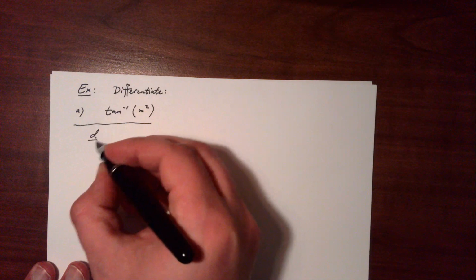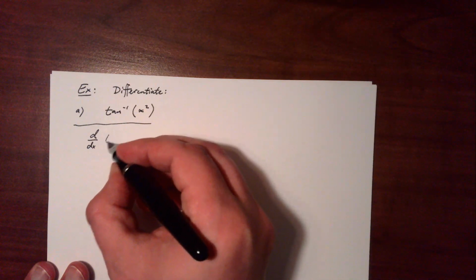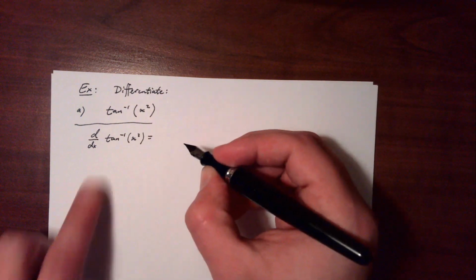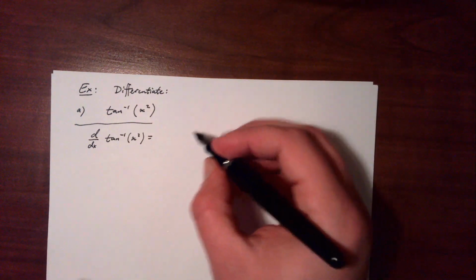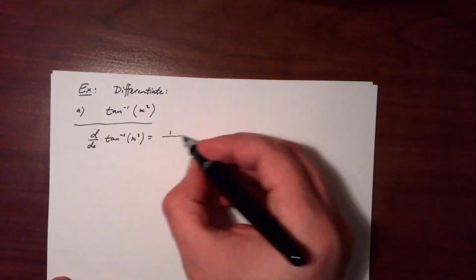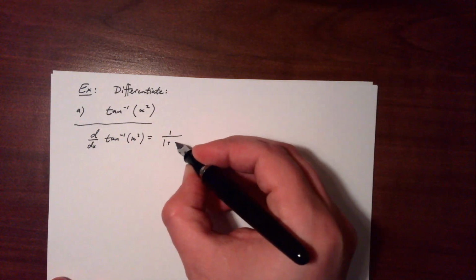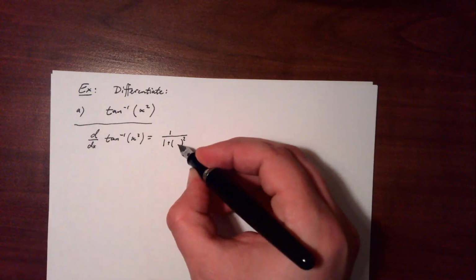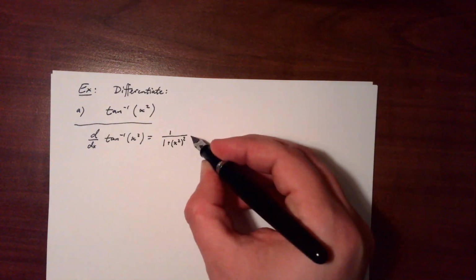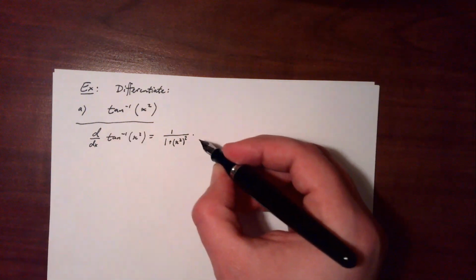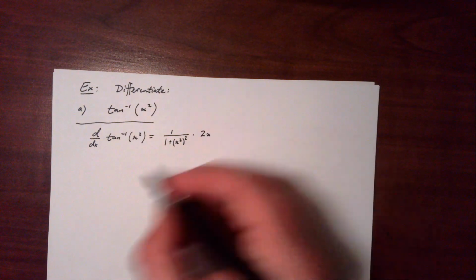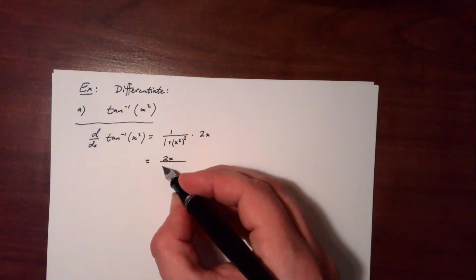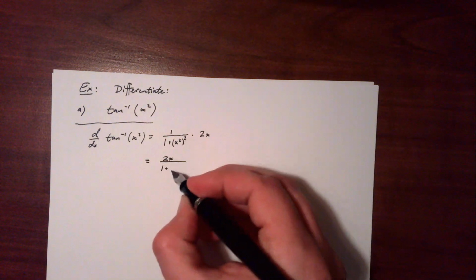So the derivative with respect to x of the tangent inverse of x squared is going to be, first off, the derivative of inverse tangent, or arctangent, which is just going to be 1 over 1 plus whatever is under my finger now, squared. What's under my finger? X squared. Times the derivative of whatever was under my finger, so that's going to be times 2x. So what's that equal to? It equals 2x divided by 1 plus x squared squared, which is x to the 4th.